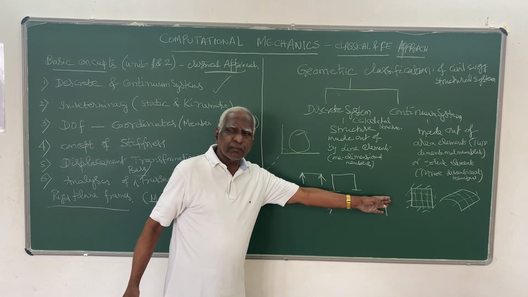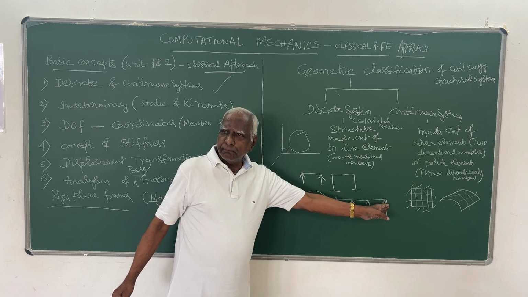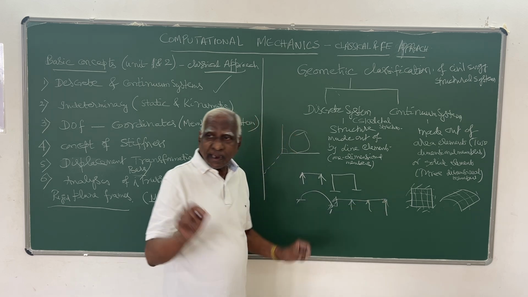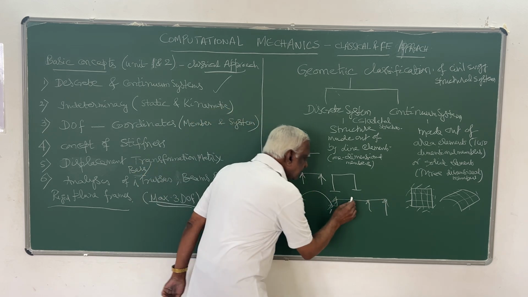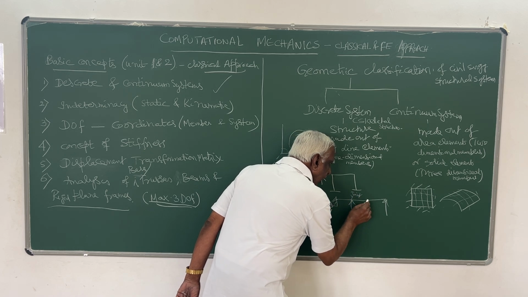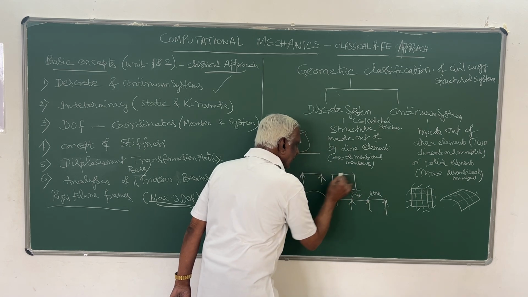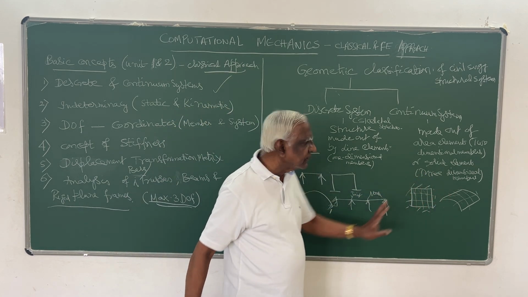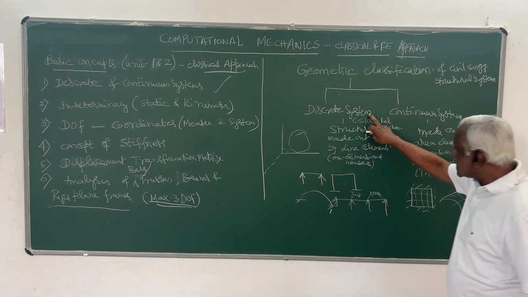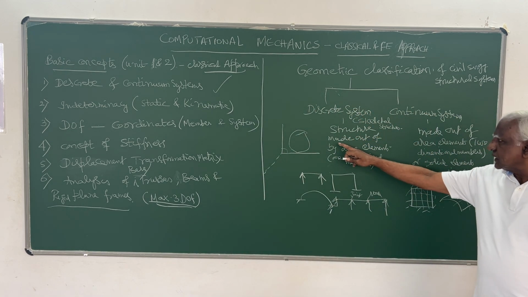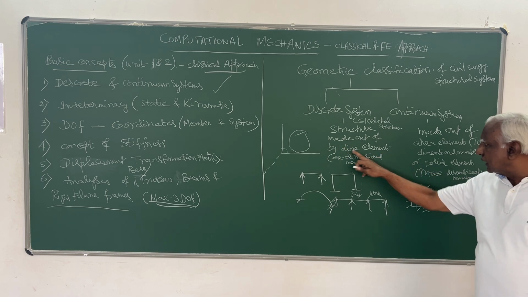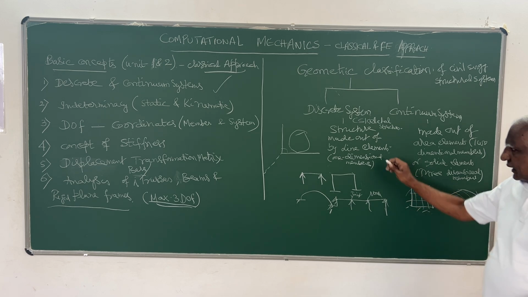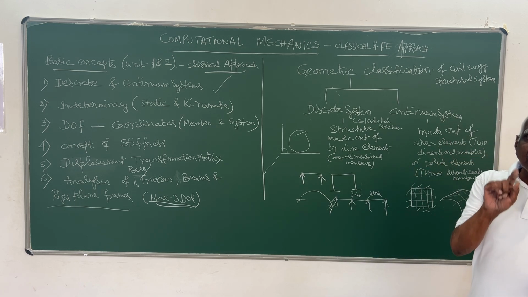Here also it is made out of a number of members. Each member is interconnected only at a finite number of points, which we call a joint or node. So a discrete system is nothing but a system made out of line elements, a number of line elements interconnected by nodes or joints.